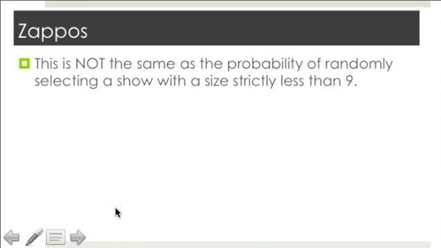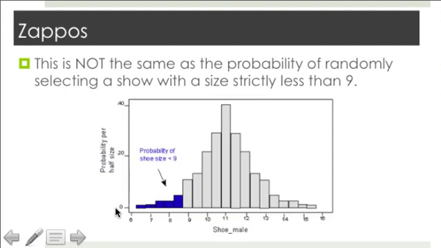Now just keep this in mind though, this is not the same as the probability of randomly selecting a shoe with a size that is strictly less than 9. If we go back and look at that, notice because it says it's strictly less than 9, then we would omit this rectangle right here, which are all the sizes of size 9.